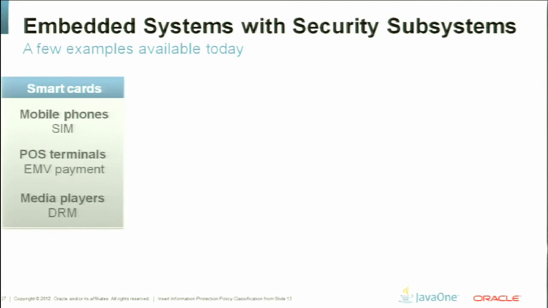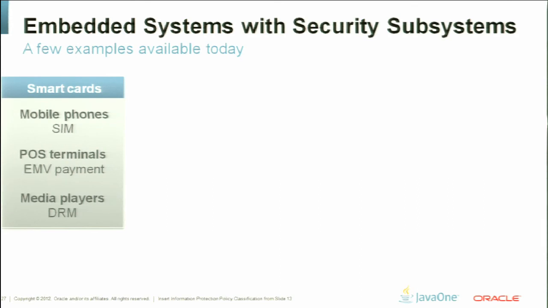So if we move beyond the meters, or the examples we had, embedded systems use a lot of security subsystems like that, and there are a few examples that I can bring here. The first one is anything that uses some kinds of smart cards. So we've seen some of them.